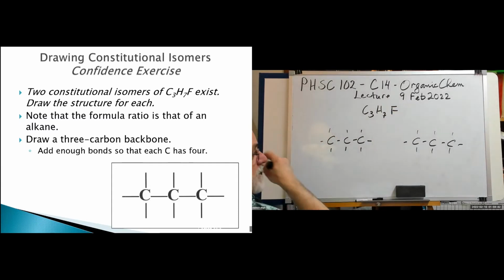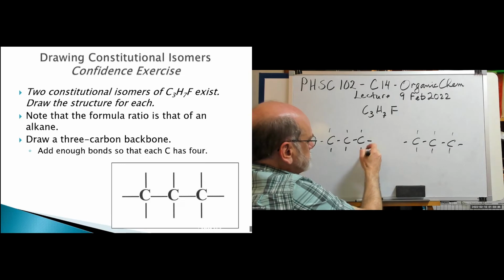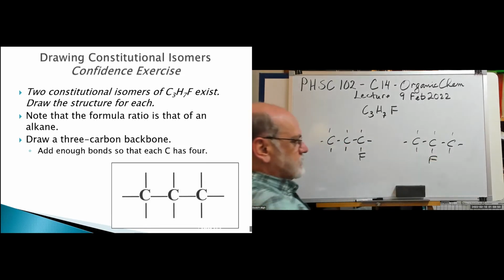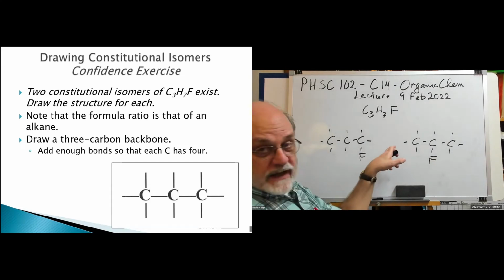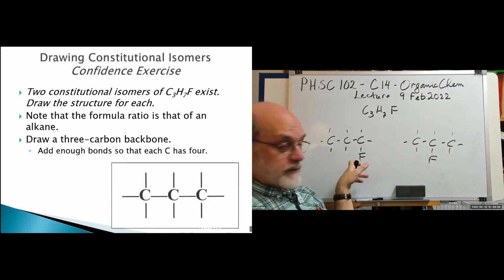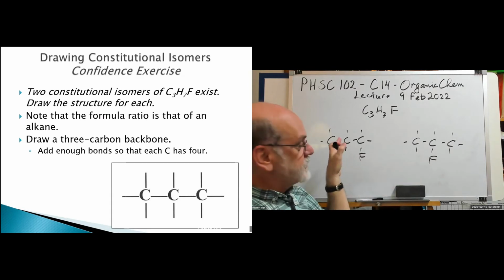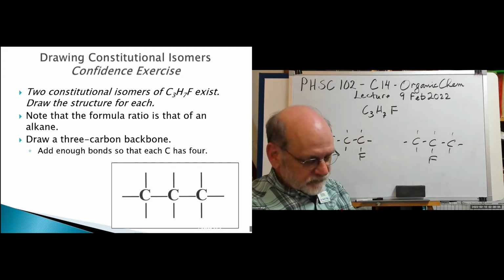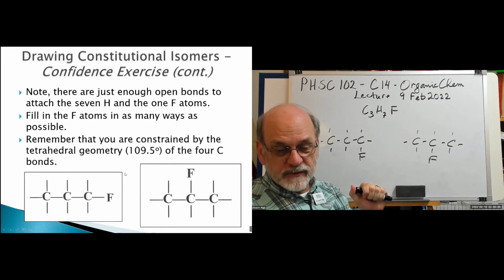Right? So we could put a fluorine on this end, or we could put one in the middle. We could put one out on this end too, but that would be the same as this one. Okay, that's why there are only 2 isomers of this formula, right? And then hydrogens fill in the rest. All right, there are your possibilities.